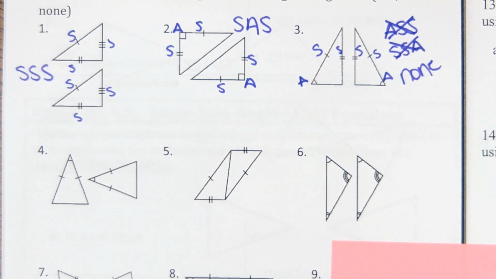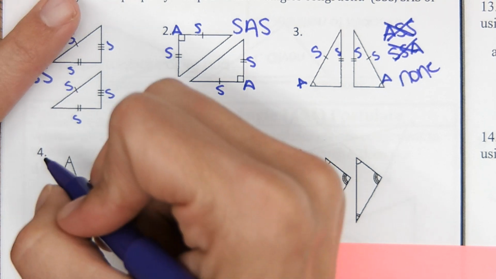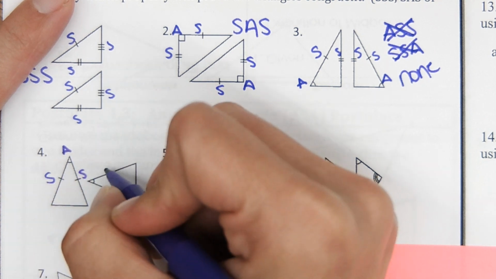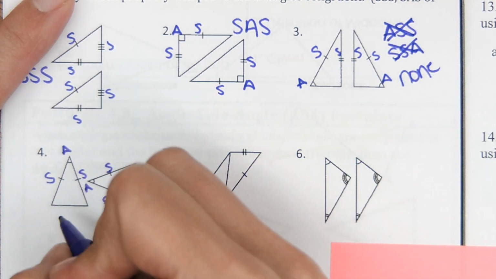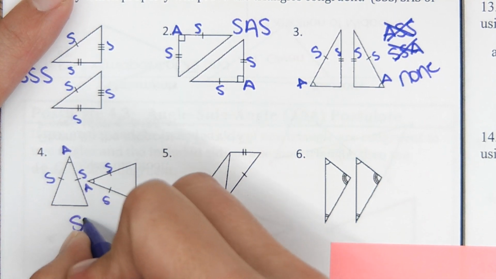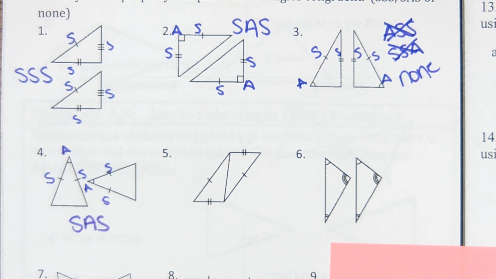Okay, next, number 4. Look at it and see if we can determine whether they're congruent. So number 4, what I see is side, angle, side, side, angle, side. So since we have side, angle, side matching side, angle, side.